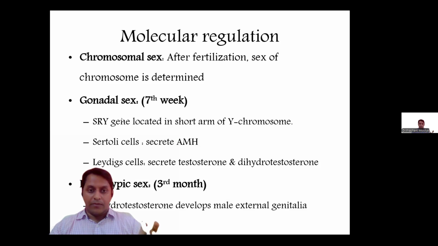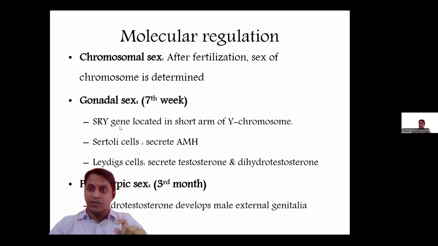This Y chromosome has the SRY gene, which is located in the short arm of the Y chromosome, and it stimulates the Sertoli cells to secrete AMH, anti-Mullerian hormone, and the Leydig cells to secrete testosterone, dihydrotestosterone, and it stimulates the genital ridge to produce the gonads, either testis or ovaries.